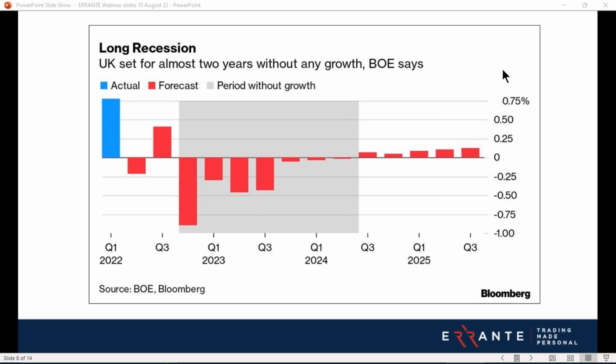Along with that, the bank sees inflation topping out around 13% in the fourth quarter of this year. That comes amid the increase in the energy price cap, and the bank thinks it will remain at double digits until the third quarter of next year.